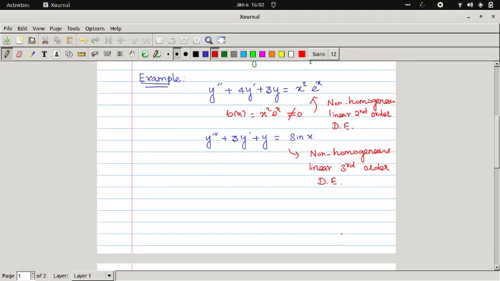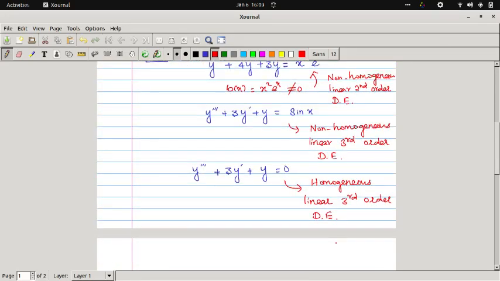Correct? Suppose the same equation, I write it as y triple prime plus 3y prime plus y equal to 0, then we call it a homogeneous linear third order differential equation. So this is the example for homogeneous and non-homogeneous.